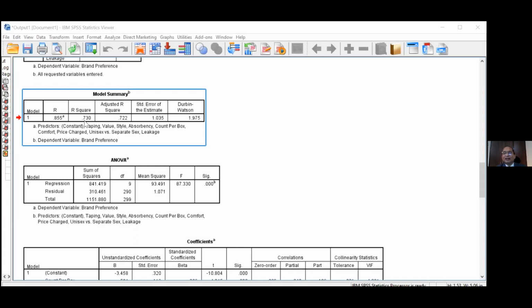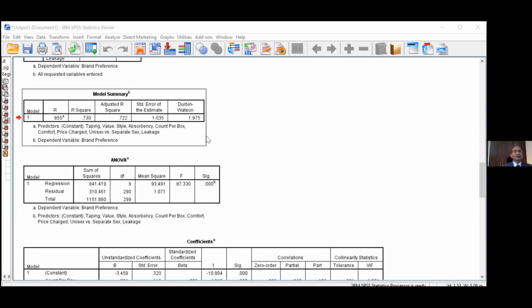I will explain R. R square is not interpreted as a percentage, but R is the correlation coefficient. This is the multiple correlation coefficient. R is simply the square root of R square. If you take the square root of R square, you will get 0.855. So this is simply the multiple correlation coefficient of this analysis. R is also used to interpret the strength of the model.